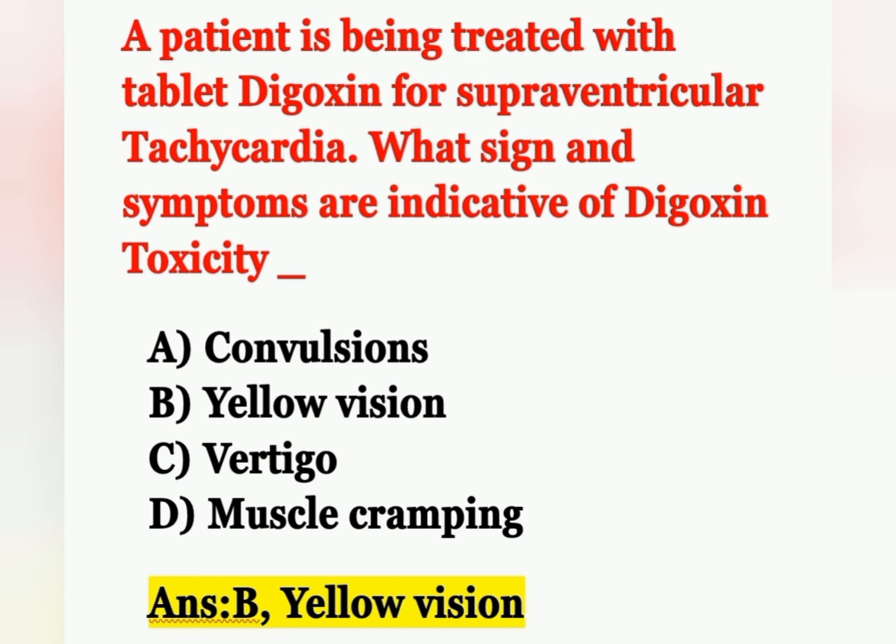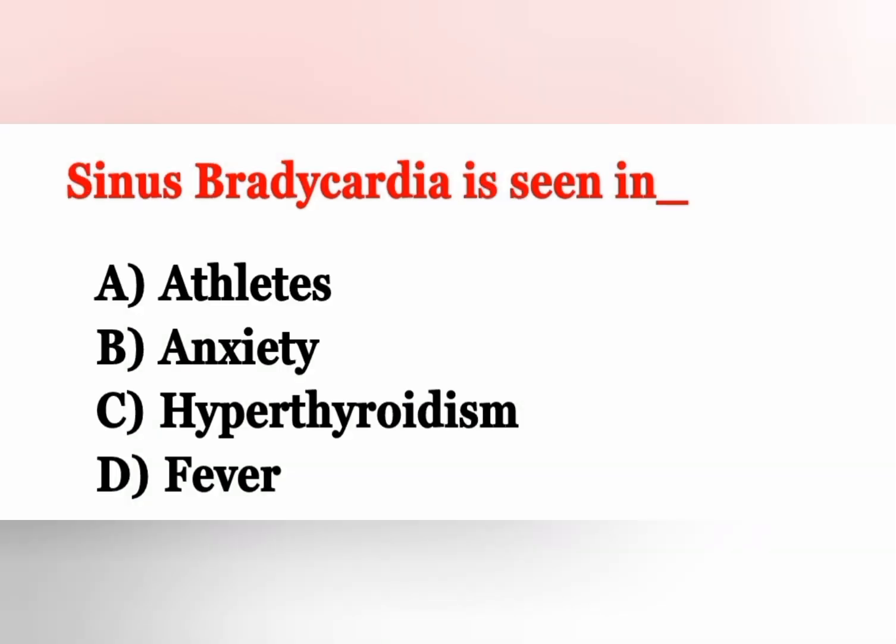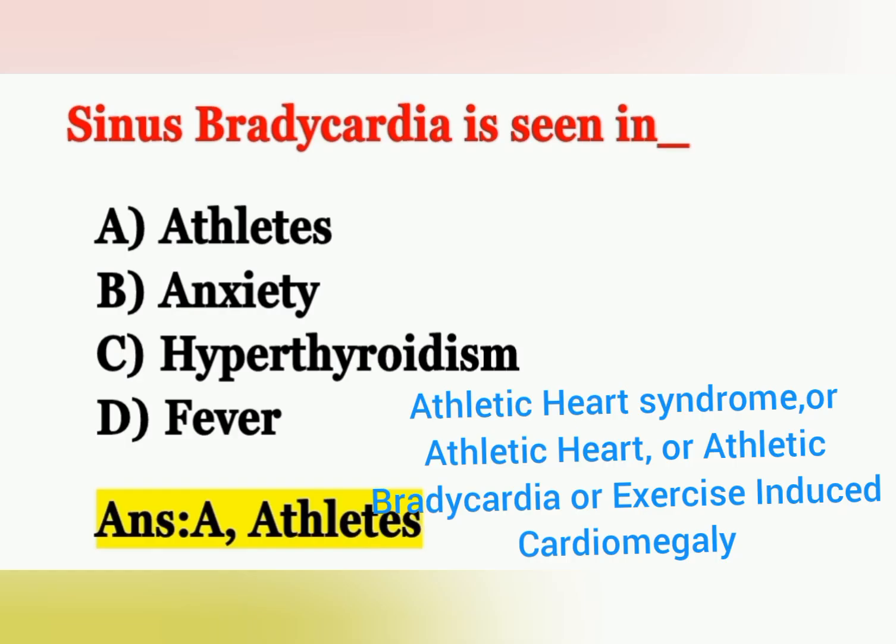Move on to the next question. Sinus bradycardia is seen in: option A athletes, option B anxiety, option C hyperthyroidism, option D fever. The correct answer is option A, athlete.